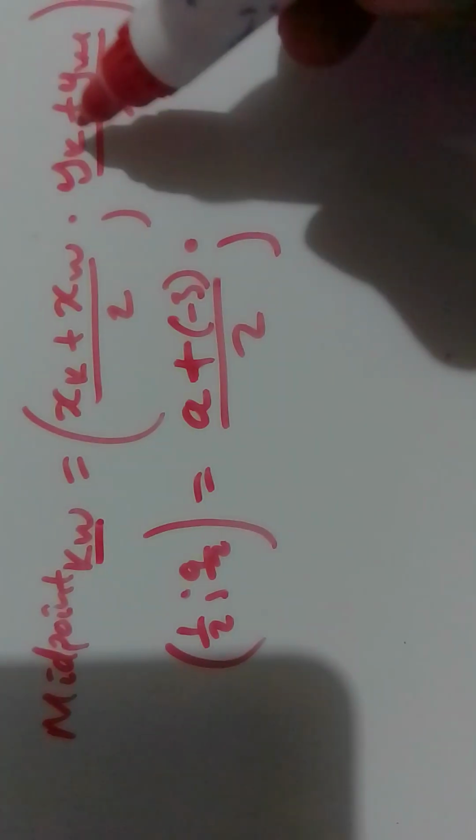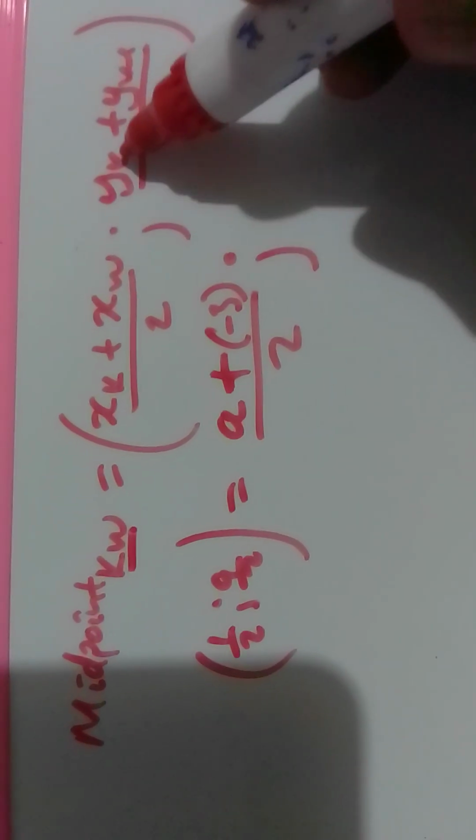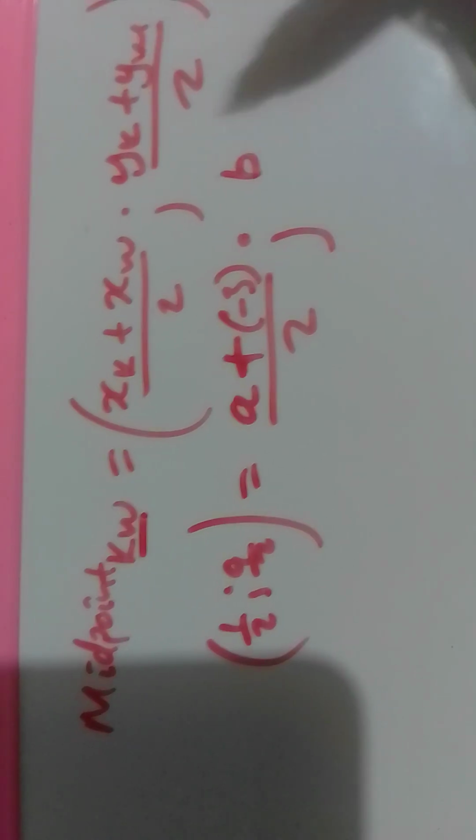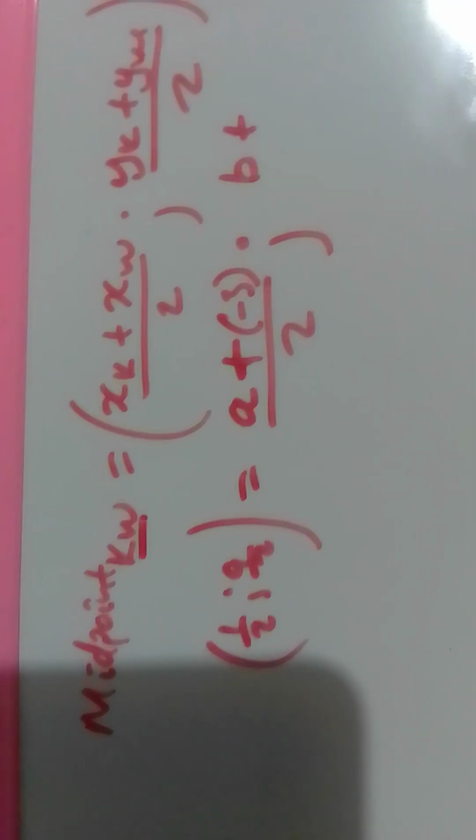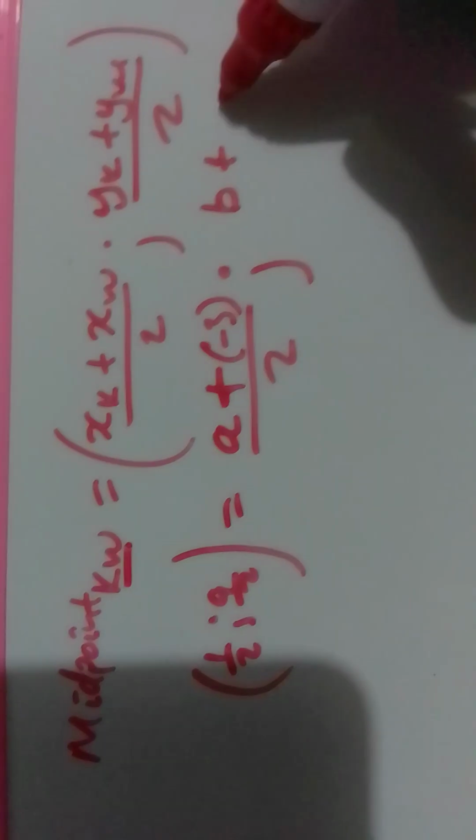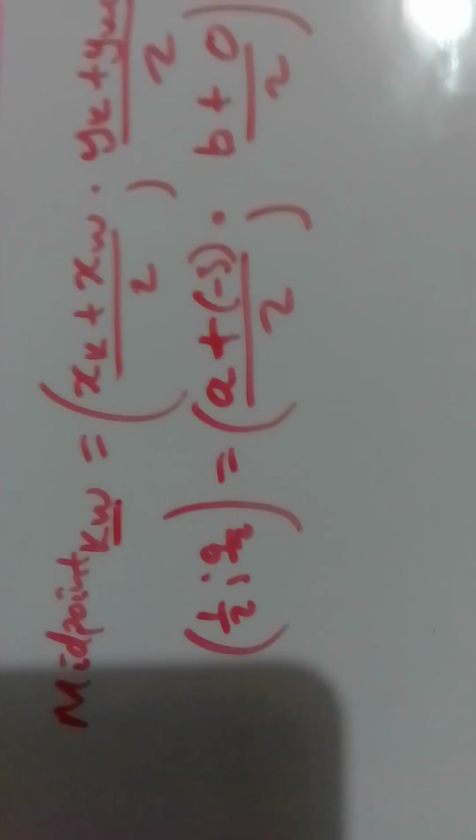And then our y value at point K is B, plus our y value at point W, which is 0, divided by 2. But when it's like this, we can't go ahead and calculate it.